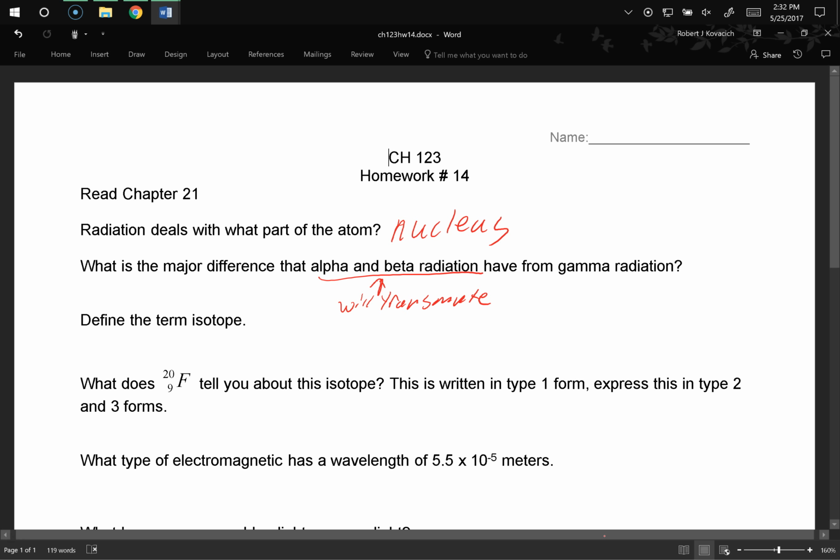Okay, so I'm not asking about the difference between alpha and beta. I'm asking about the difference. Alpha and beta are in one class. Gamma is in another class.